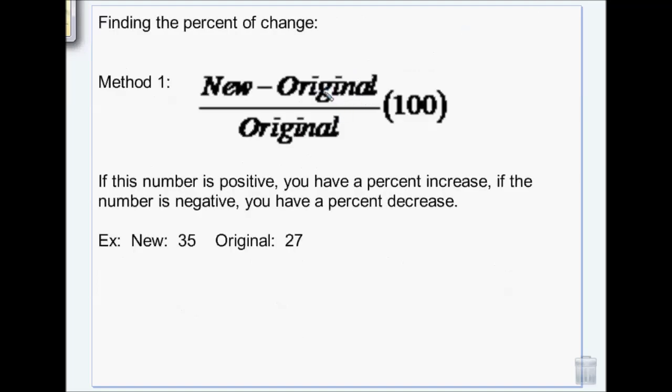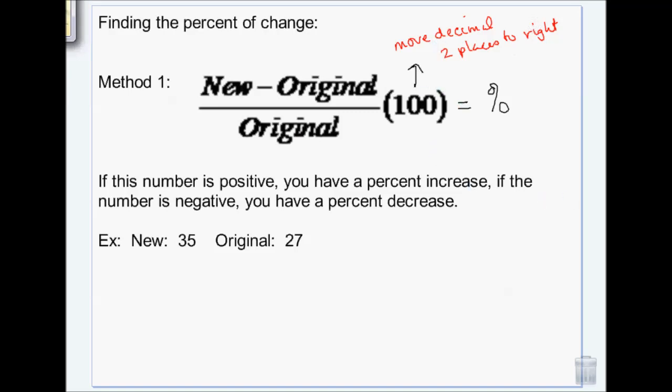For the percent increase, you can take the new number, subtract the original number, and then divide by the original number, and then multiply it by 100, and that'll give you a percent. Multiplying by 100 is the same thing as moving the decimal place to the right.